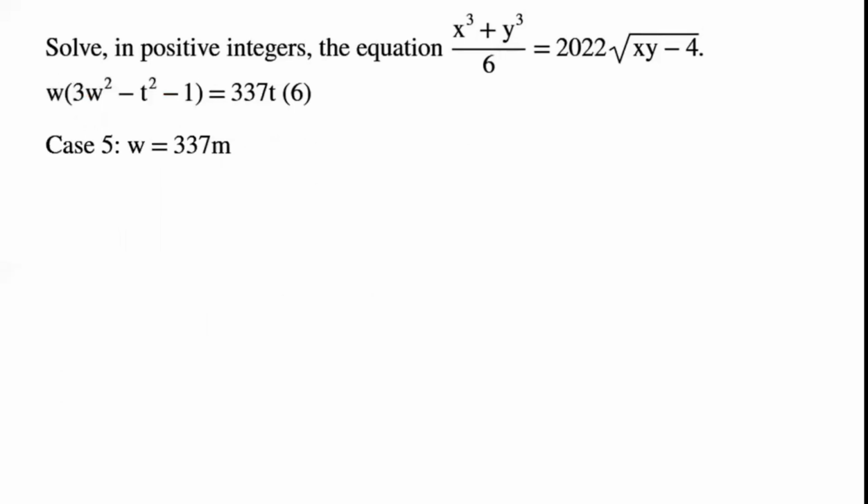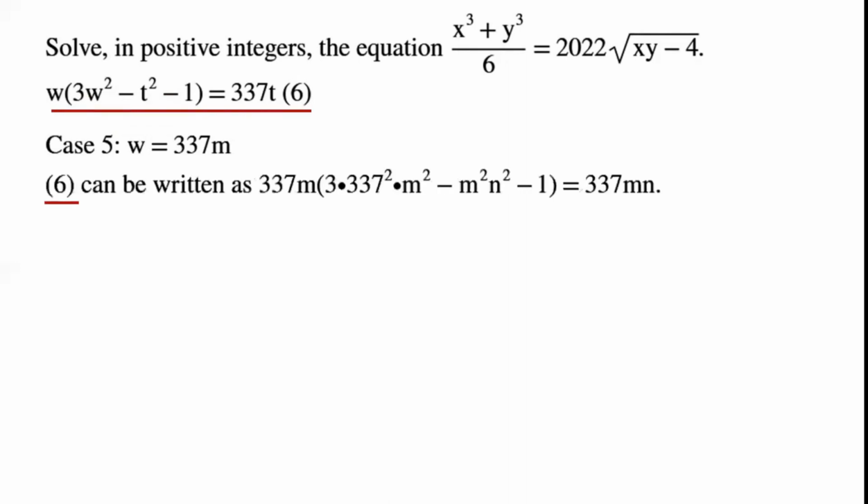Case 5, w equals 337m. Equation 6 can be written as 337m times (3 times 337 squared times m squared minus m squared n squared minus 1) equals 337mn.